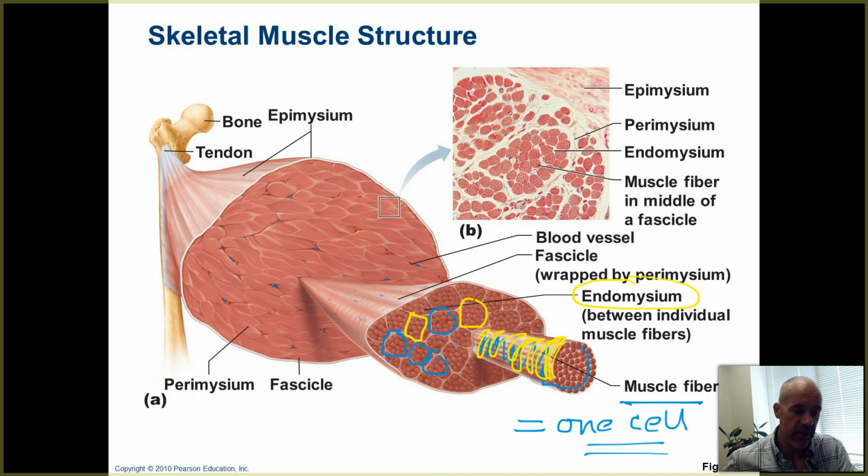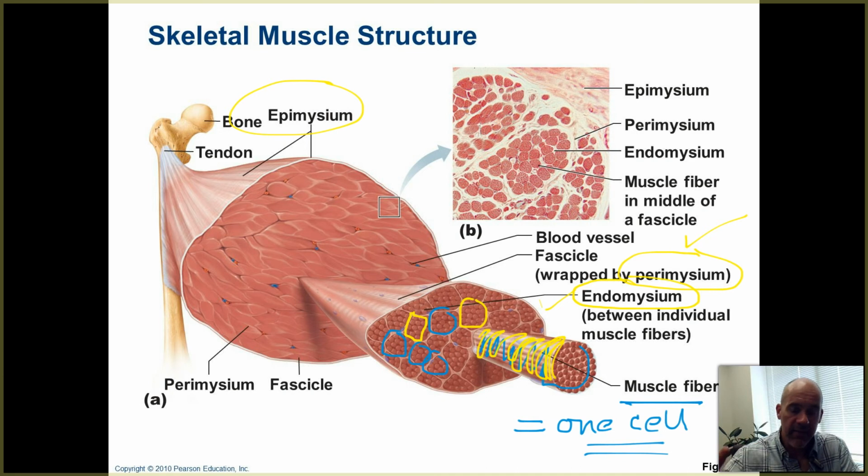So your connective tissue coverings: you've got an epimysium that covers the whole muscle. Then each fascicle inside the muscle is covered by a perimysium. And then finally, each individual muscle fiber, each individual cell, has a very thin, delicate connective tissue covering around it, and that's called the endomysium.